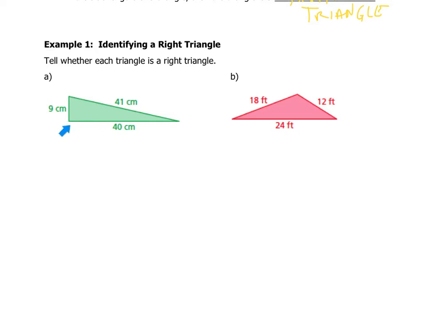We don't know because we don't see that little box saying that it's 90 degrees. But we can use the converse. If I have a squared plus b squared equals c squared, then I can prove that it is a right triangle or it isn't.